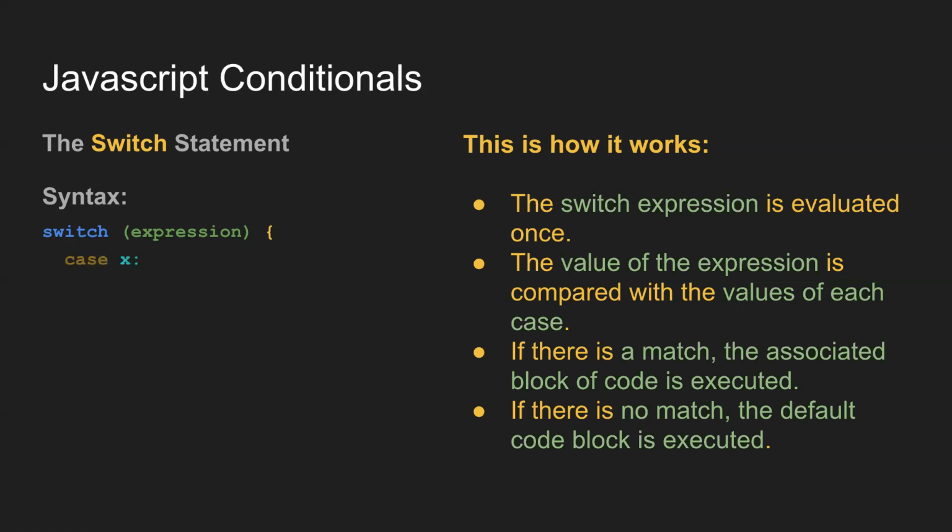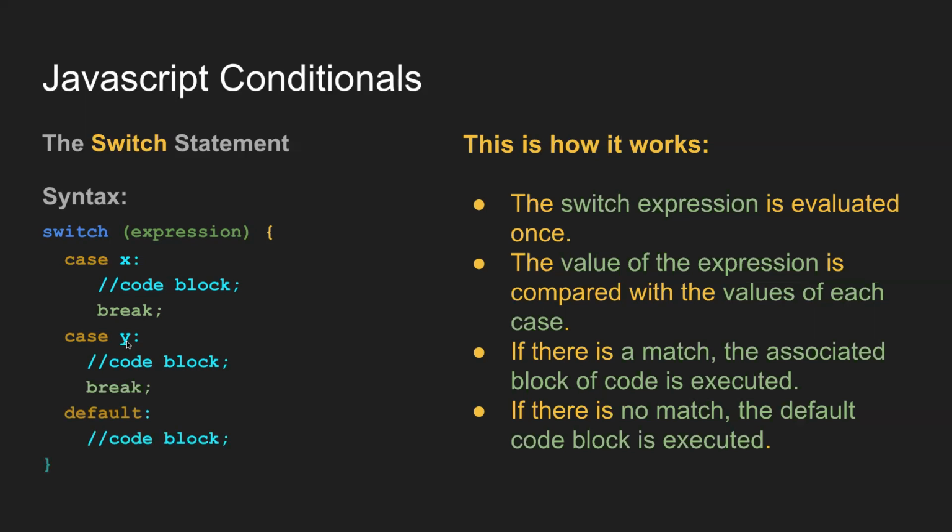And what happens is these case statements then evaluate whatever the expression is. So typically, if it's 11, you would have case 11, and then you would have the code block, and then a break statement, and then a new case statement, and so forth.